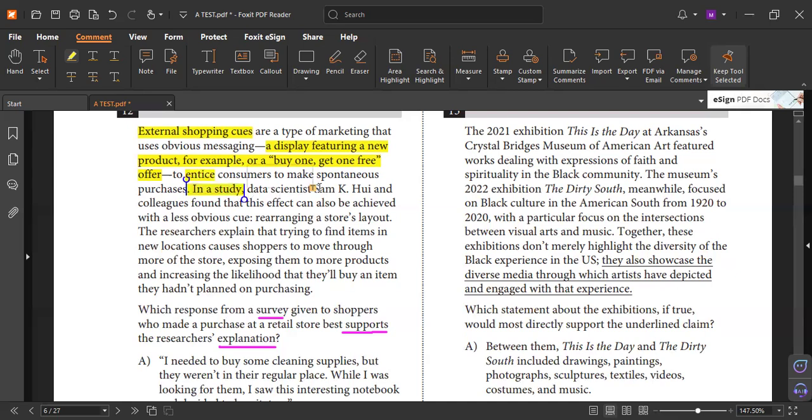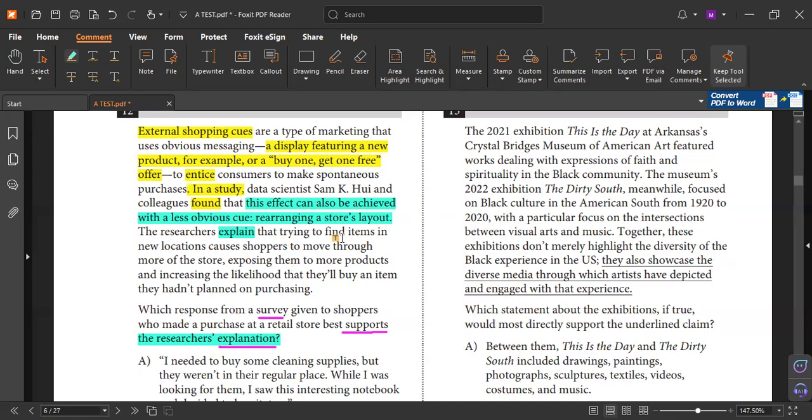In the study, what happened? So data scientists found that. So is the finding important to me? Yes or no? Again, yes. The research is the explanation. Your question: what is the evidence based on the explanation?